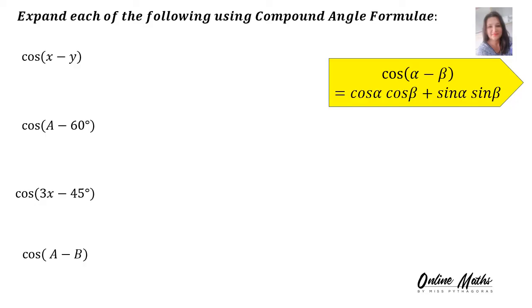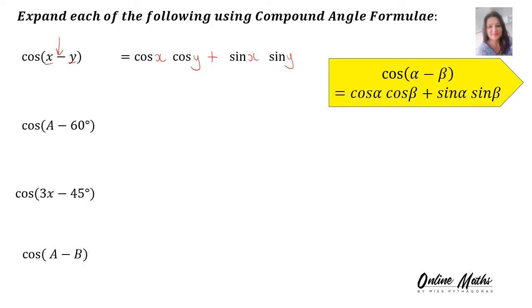When I give you cos x minus y, you write down the pattern: cos cos, sin sin. And then the angles are x and y, so you write x, y, x, y. And when there is a minus separating the two, you write a plus.